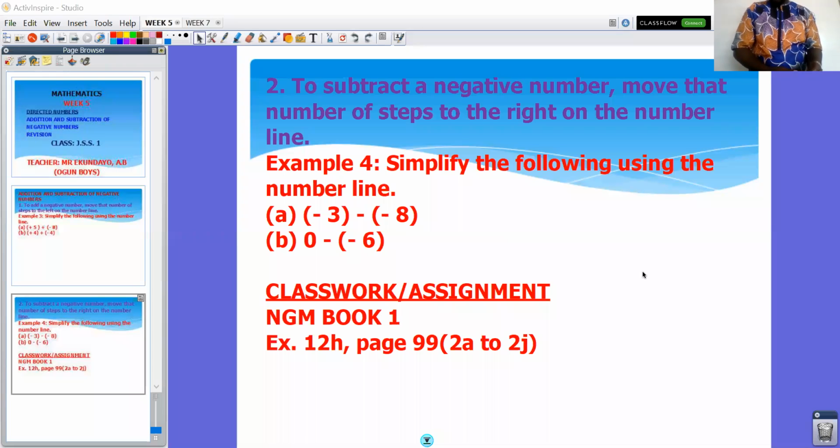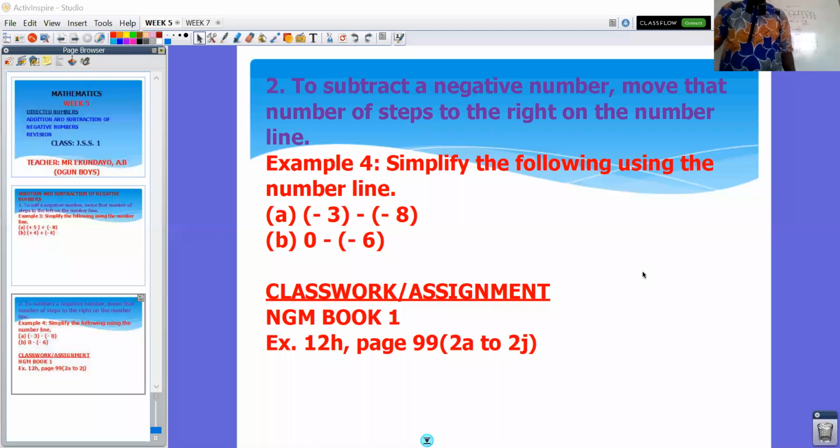Like I said, if it is a theory problem, you have to show your result on the number line. But if it is an objective question, then you can solve in another way and just get your answer. You don't need to keep drawing a number line for objective questions. Hope I've answered your question.